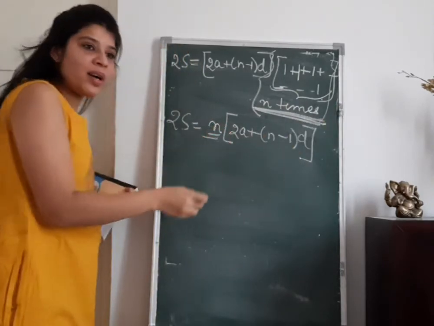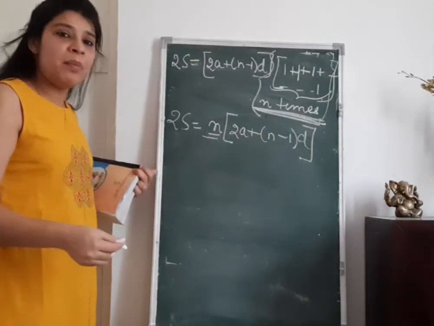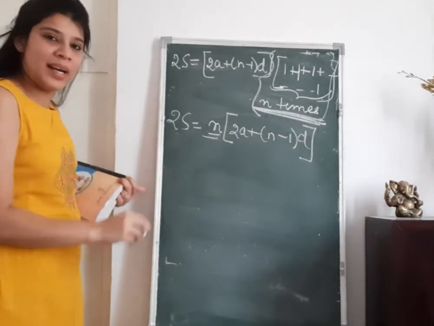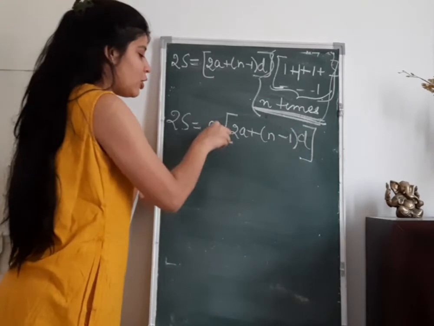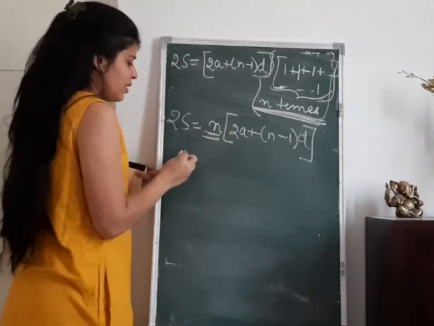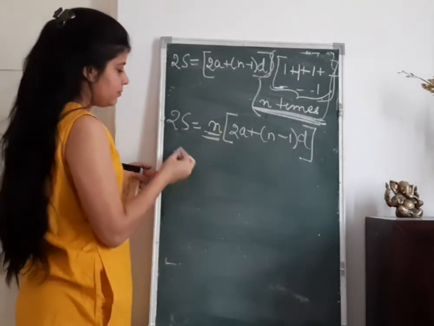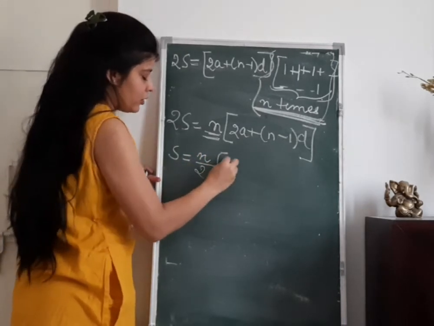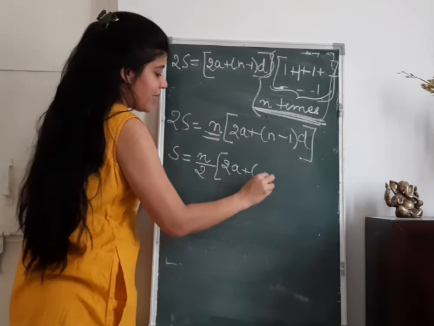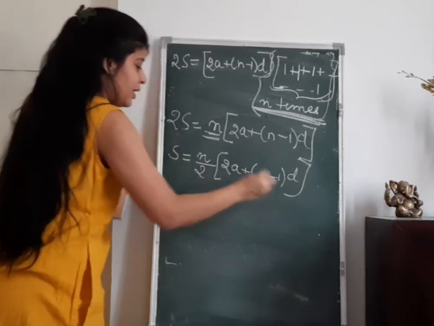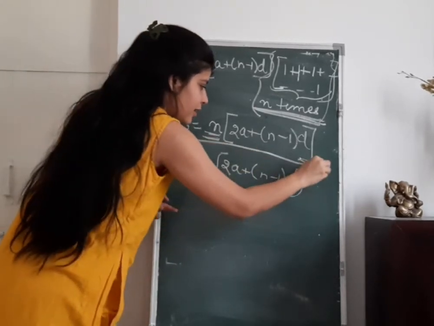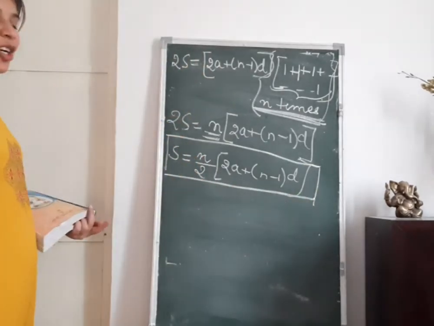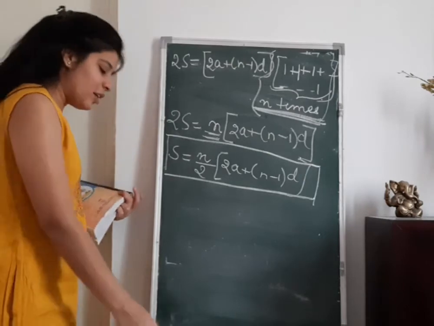This is very important. If you do not understand this step, you can always mention it in the comment section and I will explain that to you again. So this is equal to n. Now this 2 will come here. S is equal to n upon 2, 2A plus n minus 1 into D. So this is the general form for the sum of n terms of an arithmetic progression.